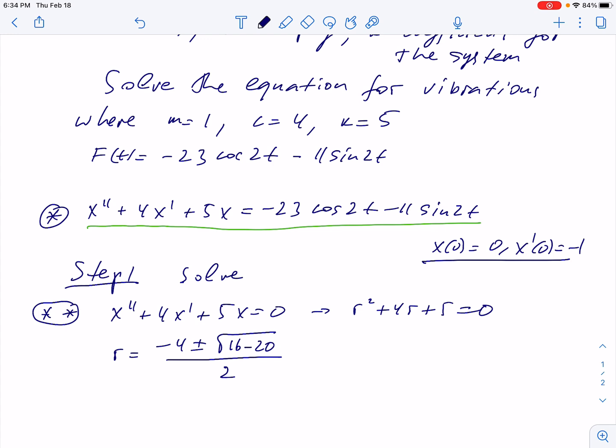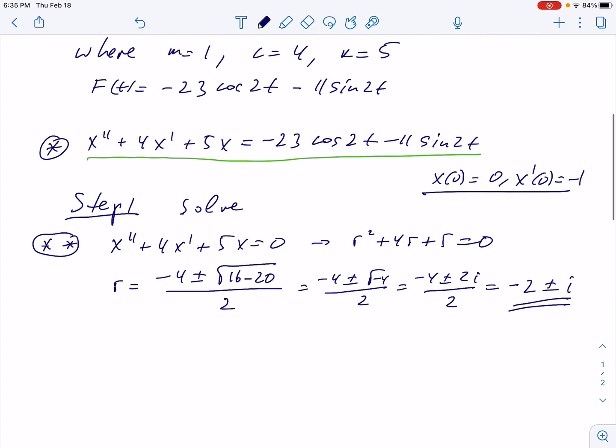We have a complex number here. 16 minus 20 is negative 4. I can write this root negative 4 over 2. This will be, of course, root of negative 1 times root of 4, so this will be 2i divided by 2. And finally, we have a complex root, negative 2 plus minus i.